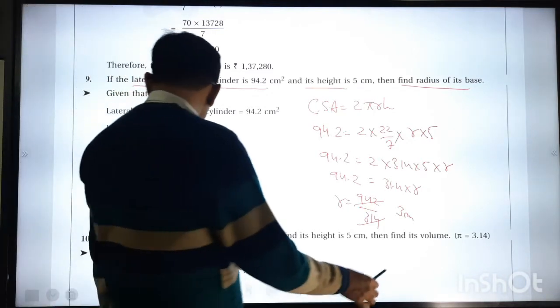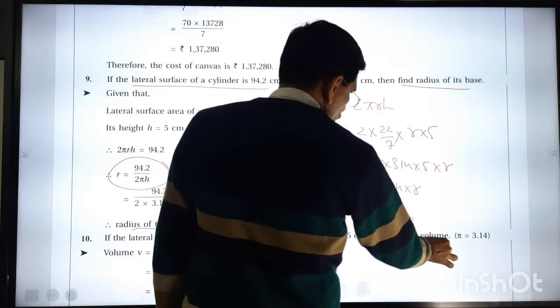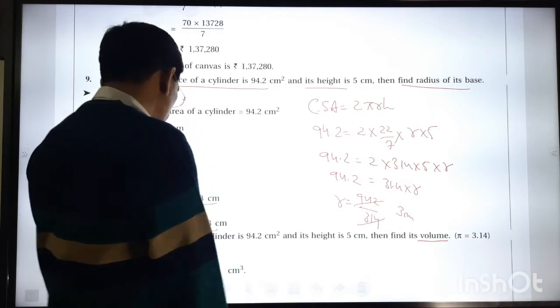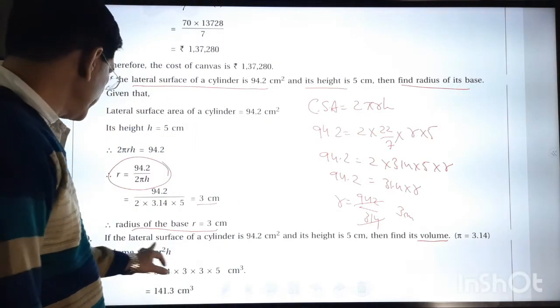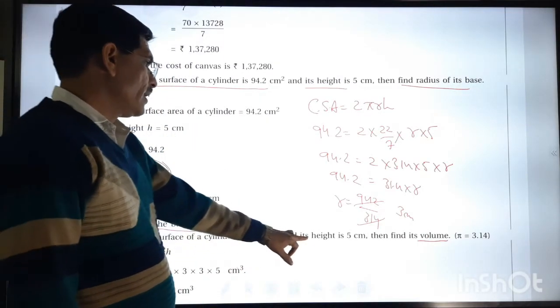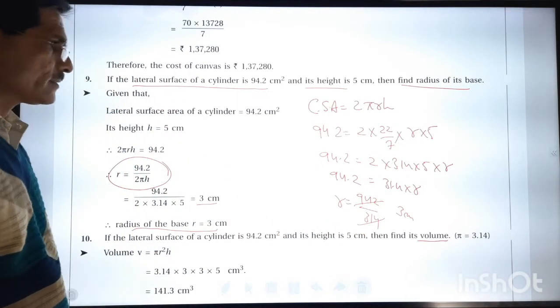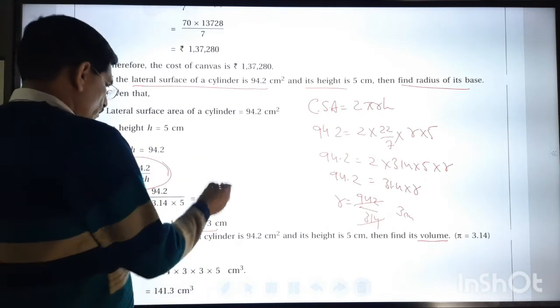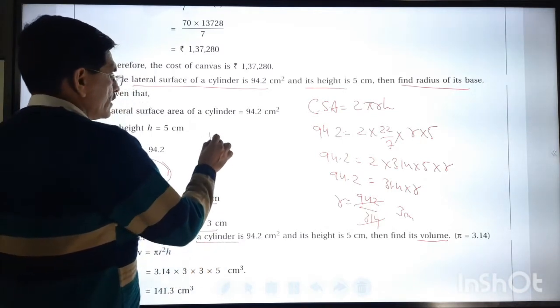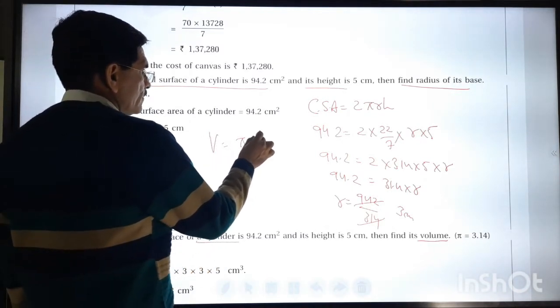Now one more sum related to the volume. By using lateral surface area of cylinder and height, then find out the volume. We have already found the radius, that is 3. Now the volume of cylinder formula is pi r square h.